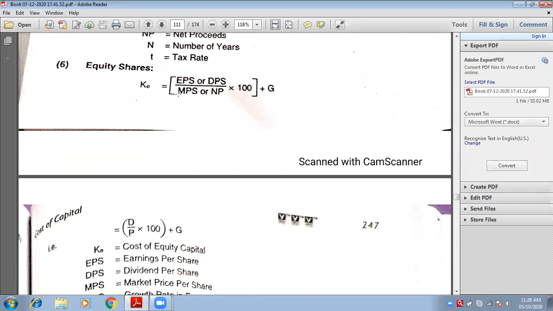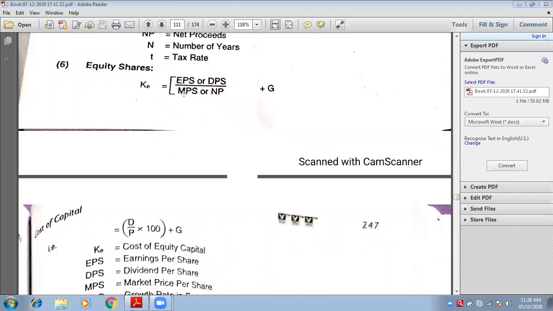Have you done ratio analysis in management accounting? Yes, ma'am. Have you learnt about EPS? Yes, ma'am. Okay. Have you learnt about MPS? Market price per share.